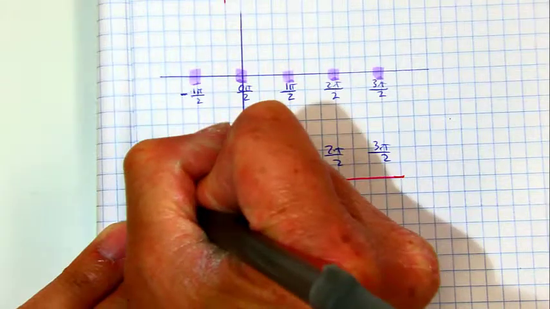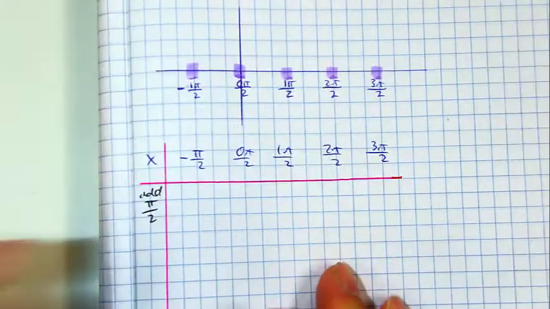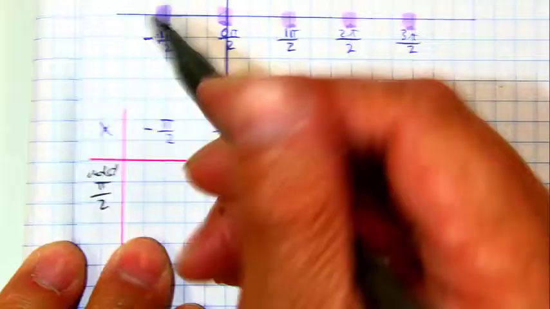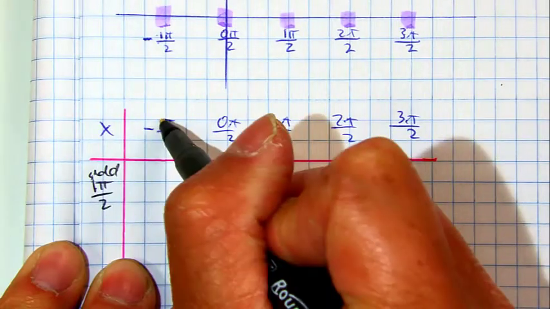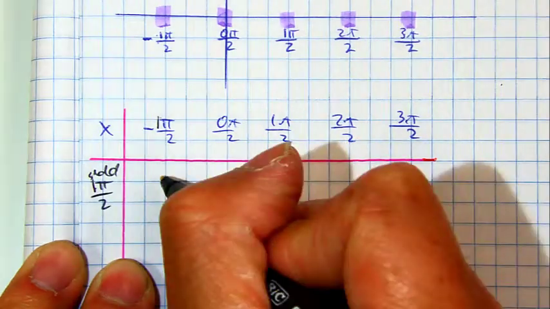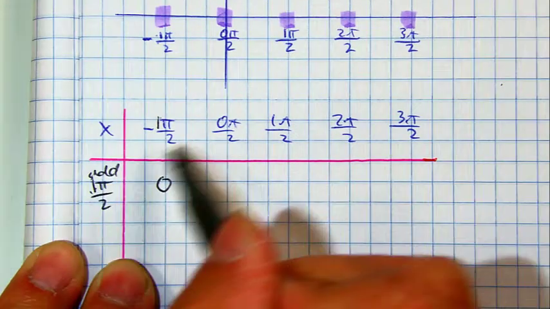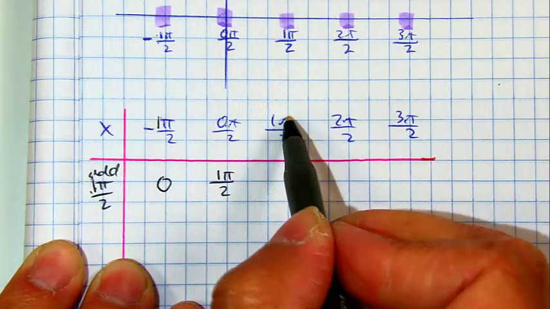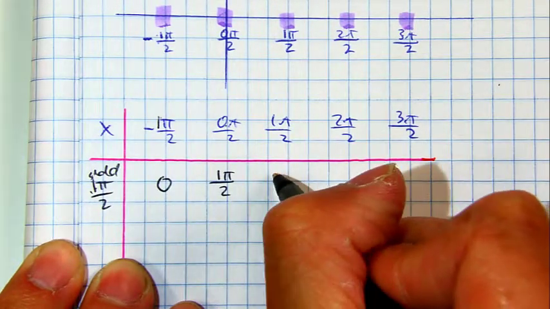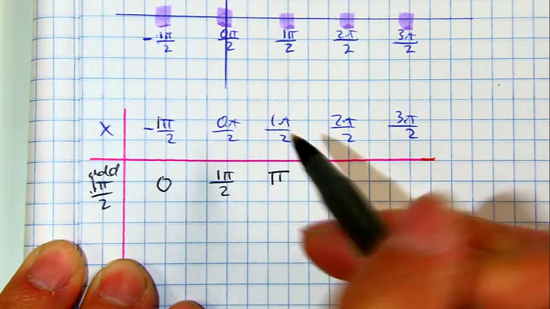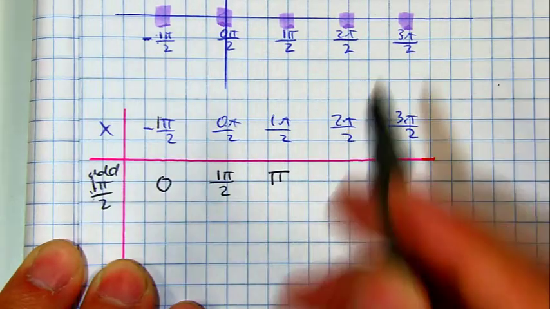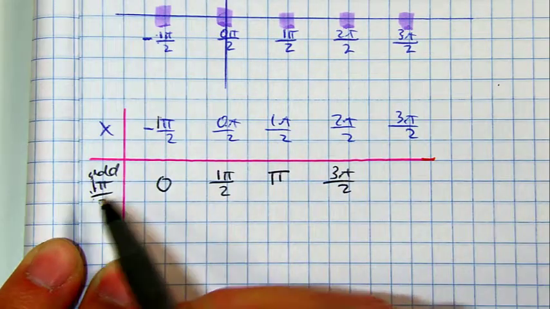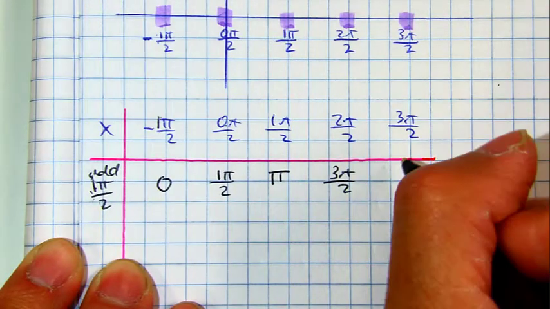Add pi over 2. Class, 1 plus a negative 1. 1 plus 0. 1 plus 1. 2 pi over 2 is just pi. 1 pi over 2 plus 3 pi over 2. 4 pi over 2, which is 2 pi.